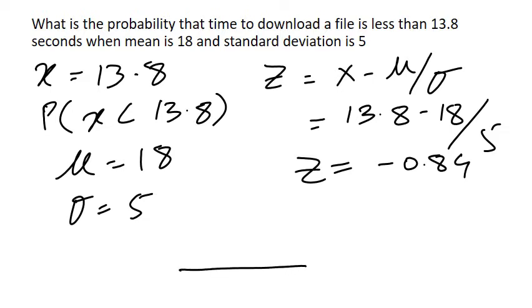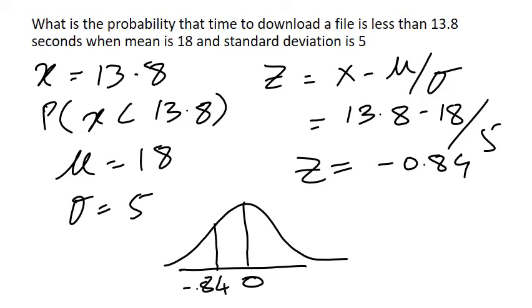So under the normal curve we draw z. Mean of z unit is always 0. Z is minus 0.84. So here we write minus 0.84. So we want to know less than 13.8, which means probability that z is less than minus 0.84.